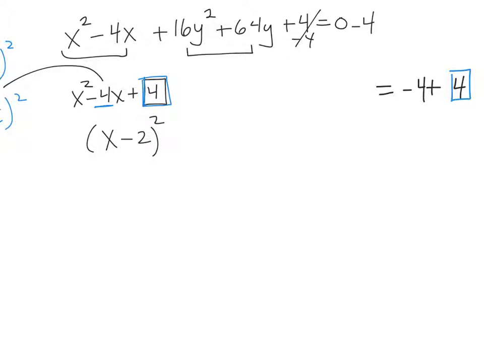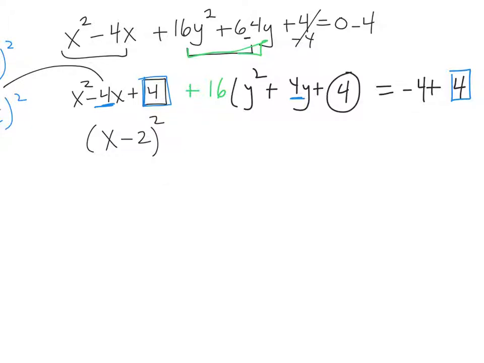Now for my y's, I'm going to complete the square here as well, but it helps to factor out the 16 in front of that y squared. Factoring that out, I get y squared plus, here 64 divided by 16 is 4. To complete the square, same thing as with our x's: you look at the coefficient of y, take that 4, split it in half, and get 2, and square it.